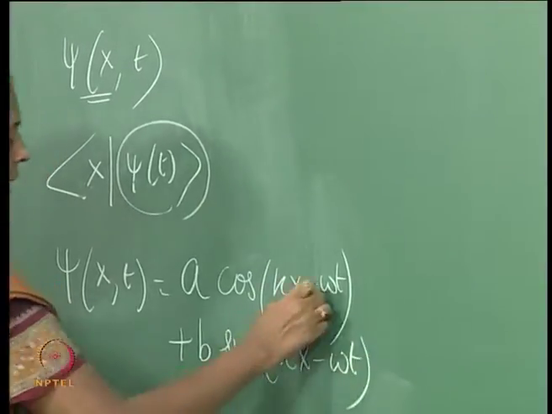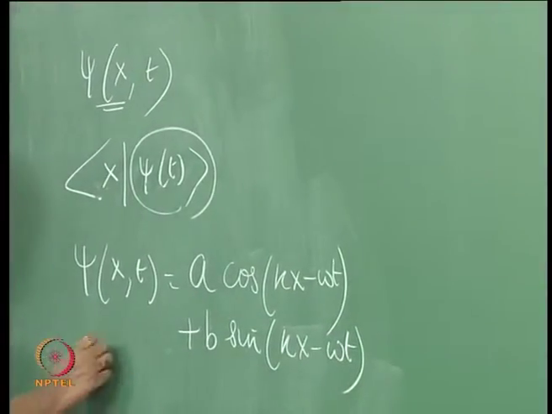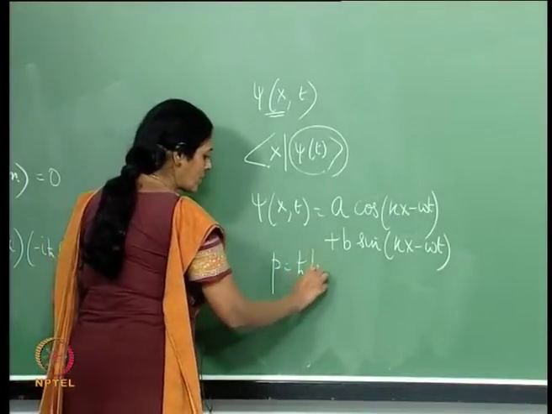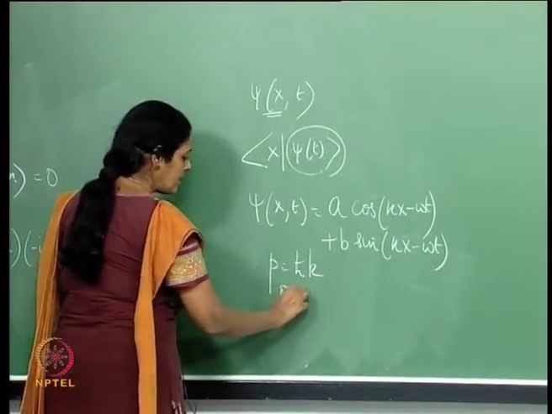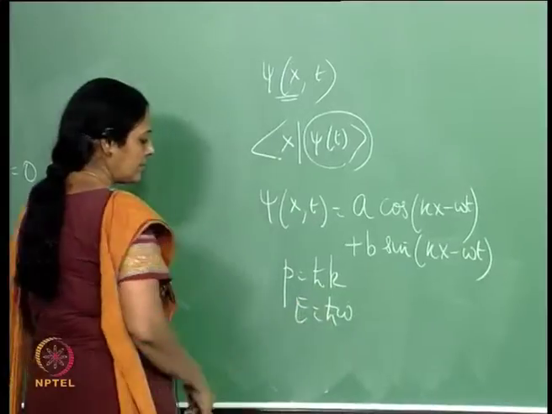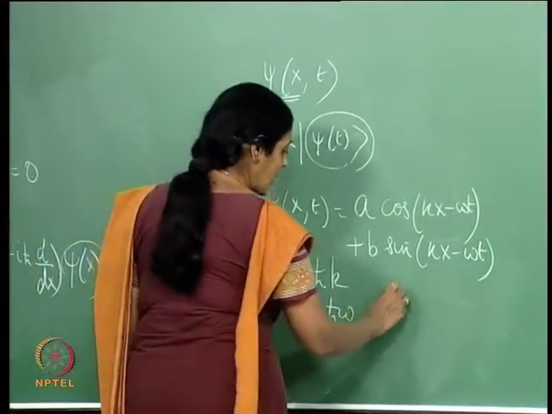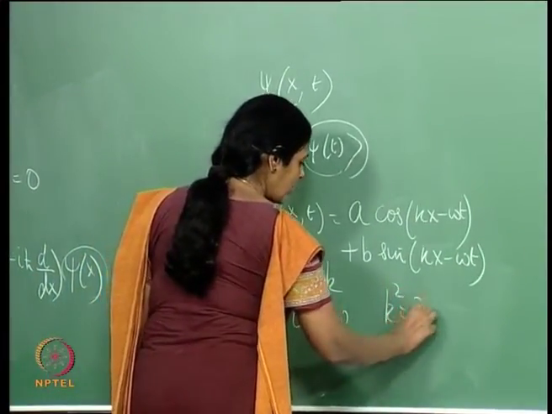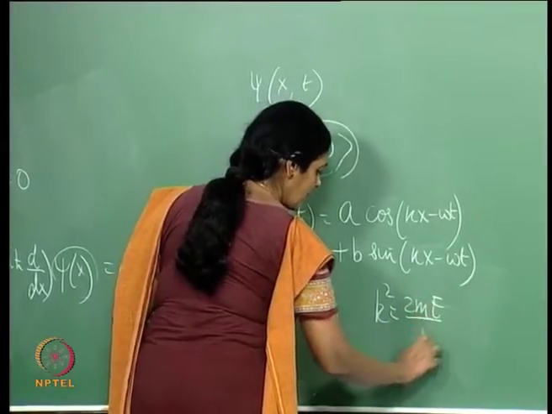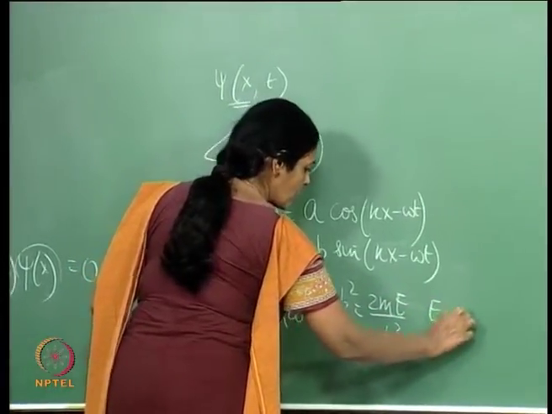This is if I put in time, and omega is the angular frequency, the momentum p is h cross k and E is h cross omega, and k squared, as I have shown earlier, is 2mE by h cross squared, because E is p squared by 2m.